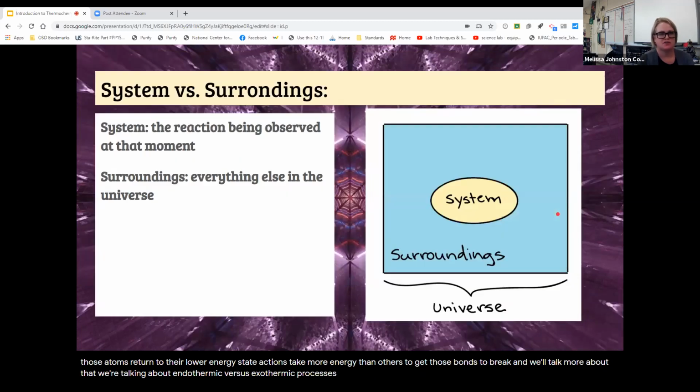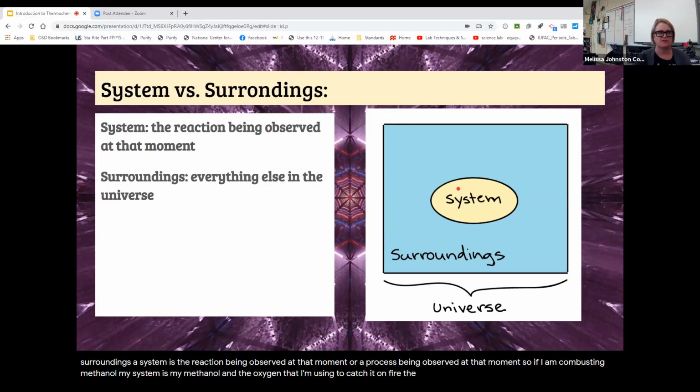Couple of definitions before we can do that. First and foremost, we have to define system and surroundings. A system is the reaction being observed at that moment, or a process being observed at that moment. So if I am combusting methanol, my system is my methanol and the oxygen that I'm using to catch it on fire.